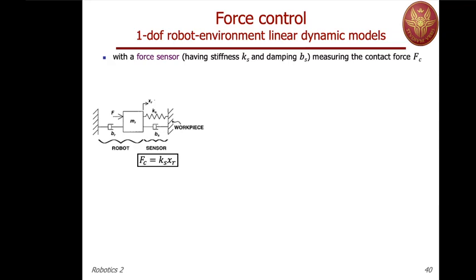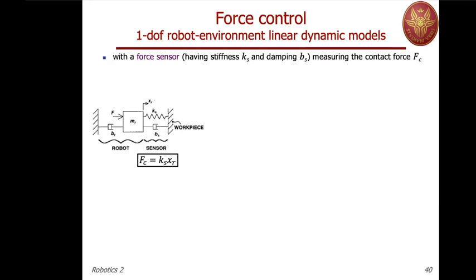Then the contact force is measured by the sensor and is Ks, the sensor stiffness, times xr, where xr is computed from when you are in contact. So when xr is 0, you have pure contact without compressing the sensor. If you move farther, then you will have a contact force proportional to the deformation of the sensor itself, which is simply the xr variable.